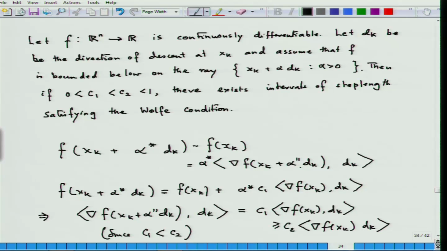So alpha double dash is actually lying between alpha star and 0. So alpha double dash is my required alpha for which the Wolfe condition is satisfied. So here we have a proof.